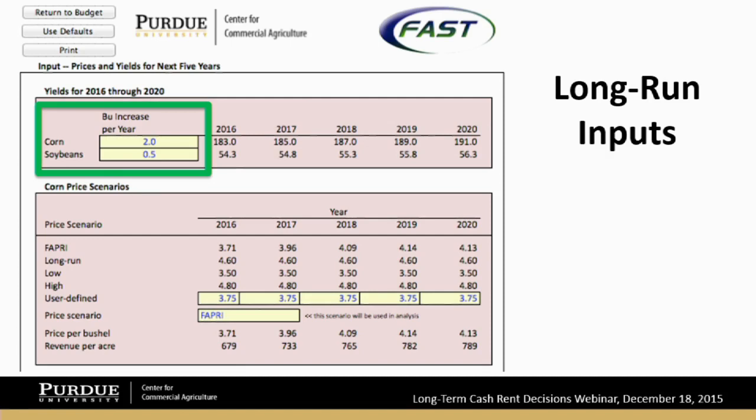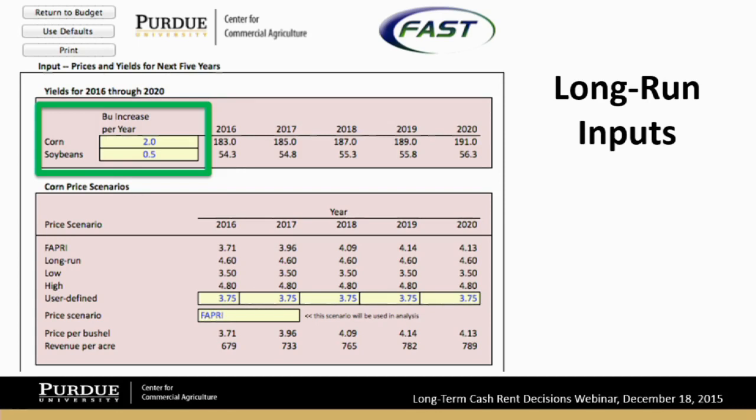This is a multi-year analysis, so we don't want to use the exact same yield each year, and we know from looking at historical data that both corn and soybean yields tend to increase on average over a period of years. And the average increase varies a little bit depending on which budget you choose. For the Indiana high budget, we brought it in and said, well, based on the data that we had to look at over several decades, it looks like corn yields have been going up roughly a couple of bushels per year.